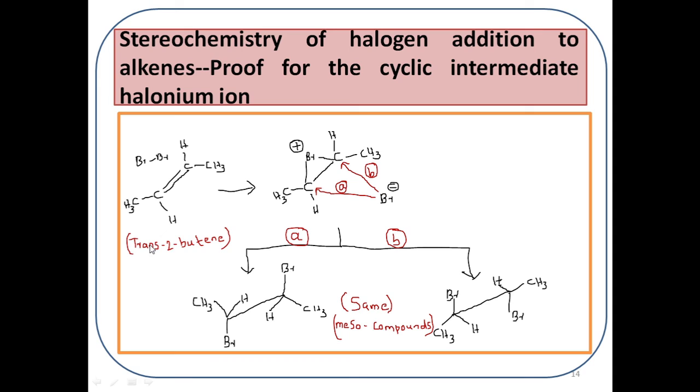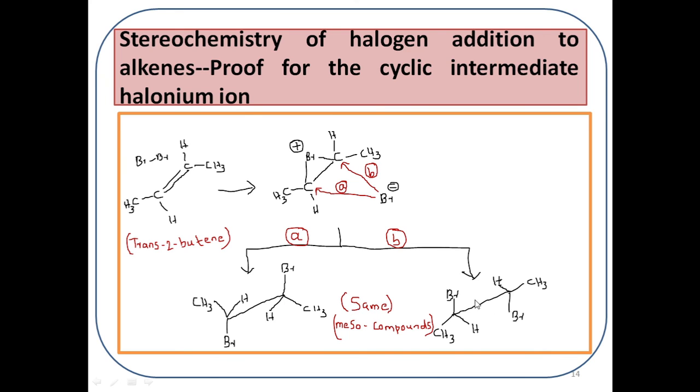Again, we will deal with trans-2-butene. If we go for trans-2-butene, we can explain in the same manner. We get a cyclic bromonium ion which is attacked by Br minus, and we can have two pathways, namely path A and path B. From path A and path B, you will notice that these two are the same compound.